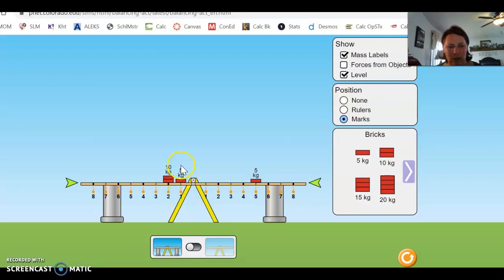That's going to give me a moment of 5, plus the moment of 10 times 2, which is 20. So now my left-hand side is a total of 25. On each side, I now have 25, and when I flip this switch down here and the columns that are holding up my balance beam disappear, it balances perfectly.